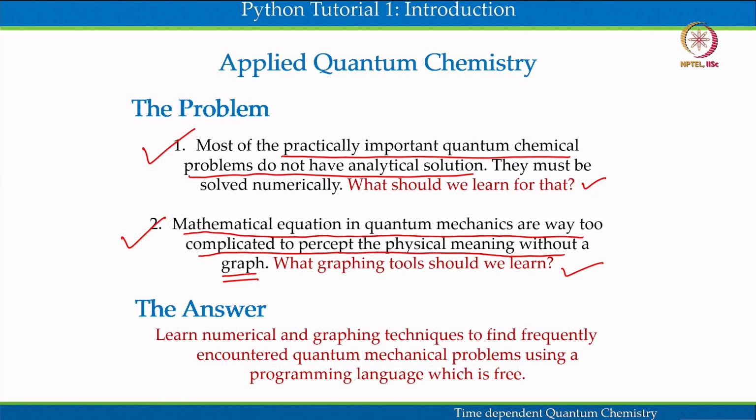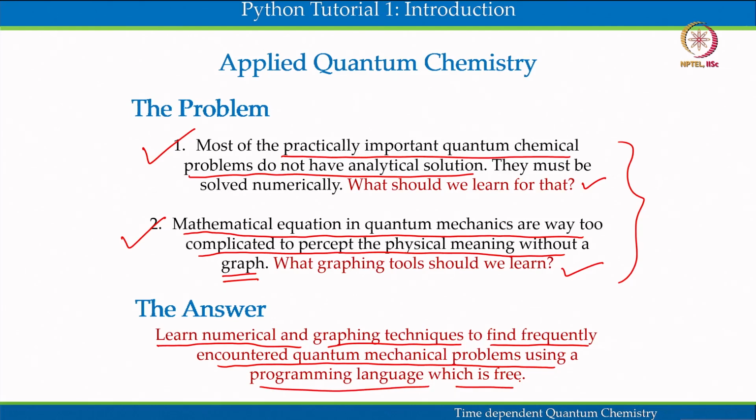And the answer to both of these questions is we have to learn numerical and graphing techniques to solve frequently encountered quantum mechanical problems using a programming language which is free of cost.